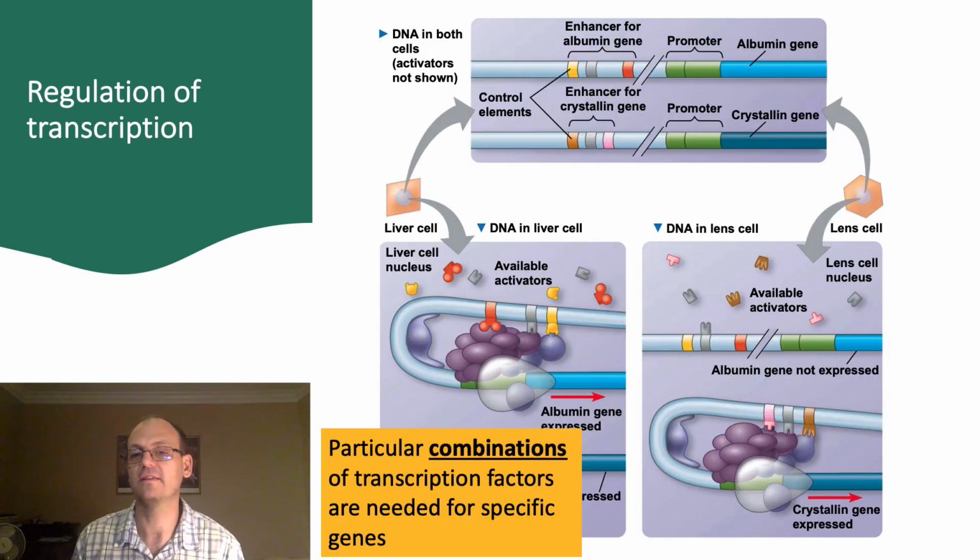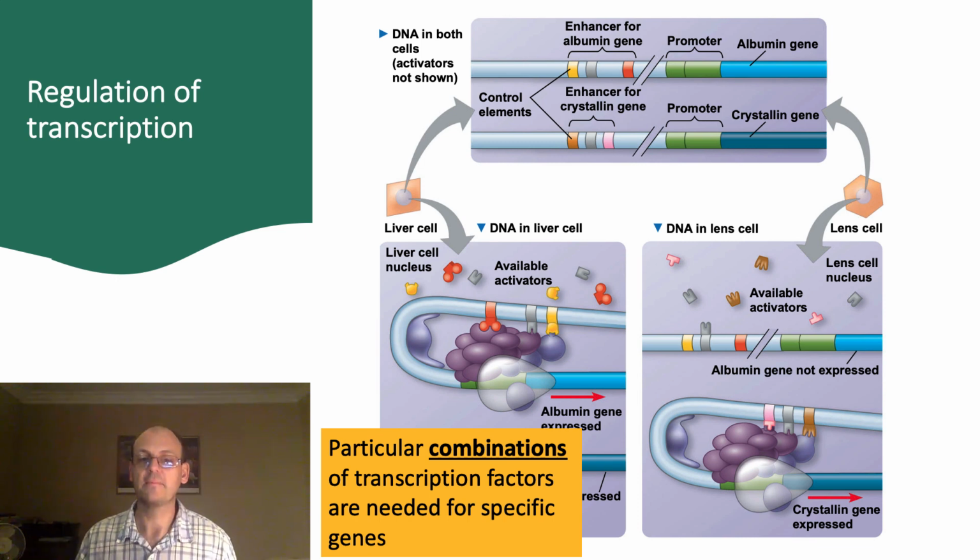One strange thing that scientists learned was that despite having thousands and thousands of genes, there's a very limited number of specific transcription factors, even though the transcription factors seem to be very specific for a particular gene or small number of genes.